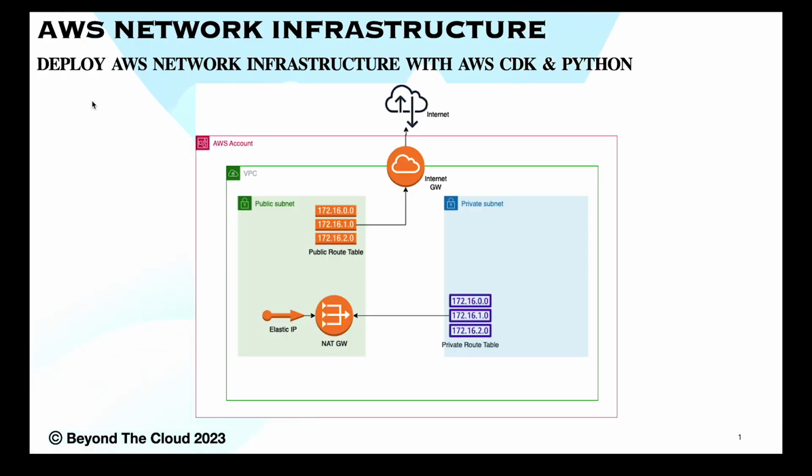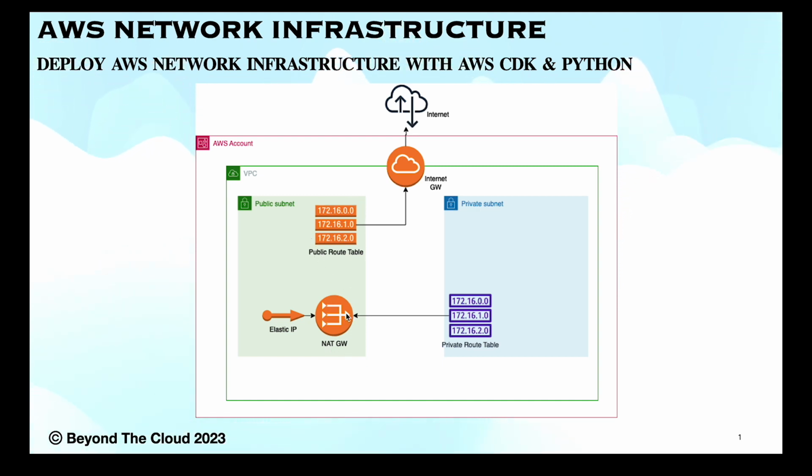So as I said, in this part, we will be deploying a custom VPC and its components from scratch with AWS CDK and Python. At the end of this video, we will have one VPC in our AWS account. Within that VPC, we will have one public subnet and one private subnet. And within that public subnet, we will have a public route table.